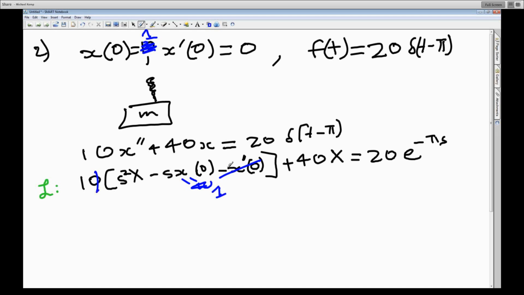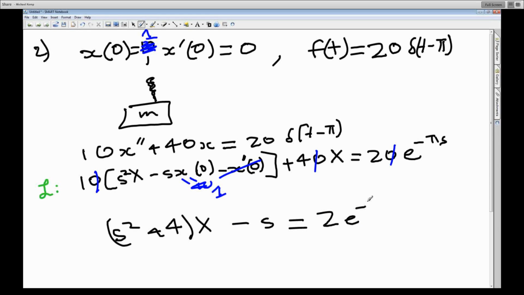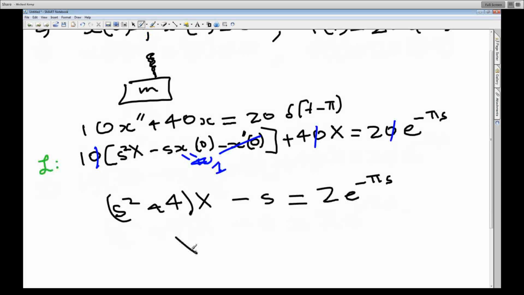So cancel out all the 10s, and we're getting s squared plus 4 times X minus s is equal to 2e to the minus pi s. Put the s on the other side, so capital X is s plus 2e to the minus pi s, and then divide both sides by s squared plus 4.